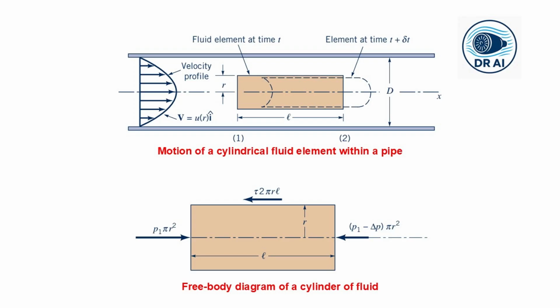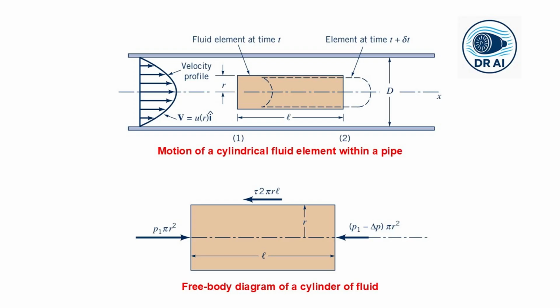Then the third force, shear force on the lateral surface. The fluid around our body is sticky. It exerts a viscous shear stress tau on the side of our cylinder, pulling it backwards to the left. This shear stress acts over the entire lateral surface area, which is the circumference times the length, given by 2 pi RL. So the total shear force is tau times 2 pi RL.